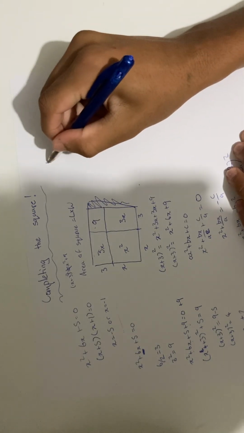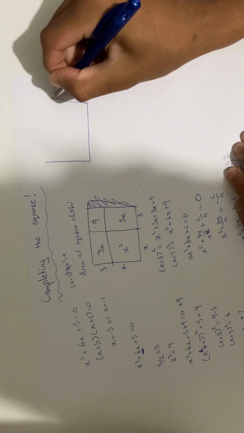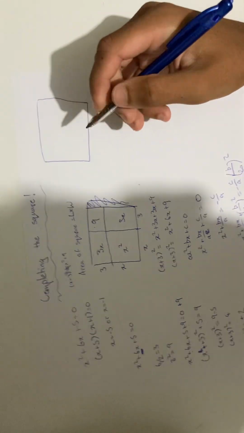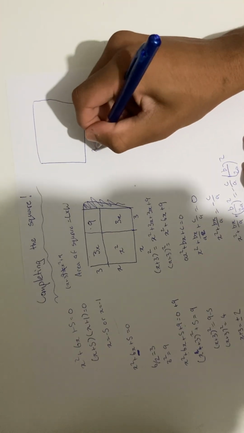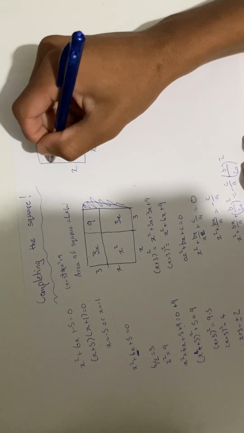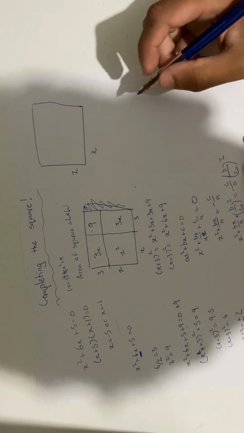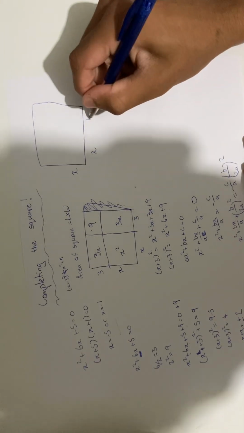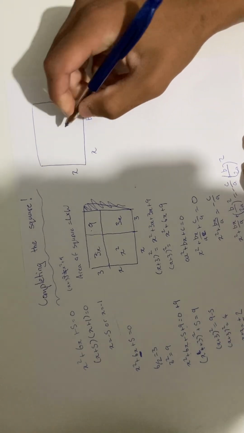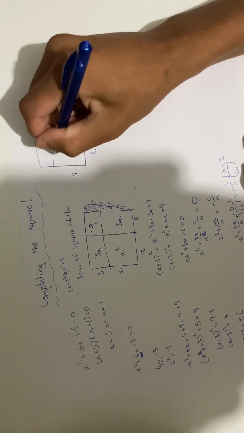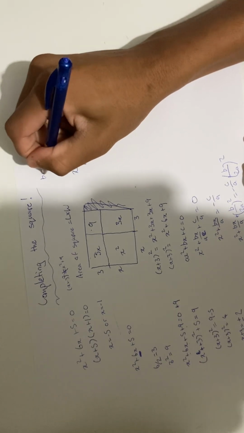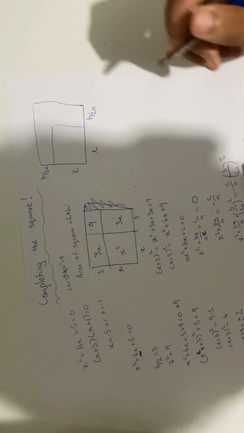Let's make another square to help us imagine it better. Let's make this side x, side x. We know there is b divided by 2a, b over 2a.